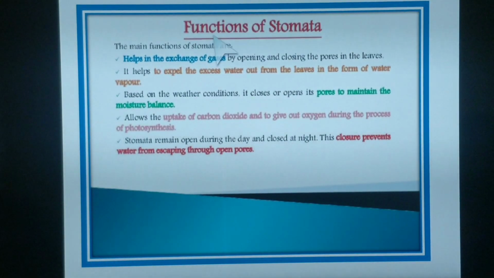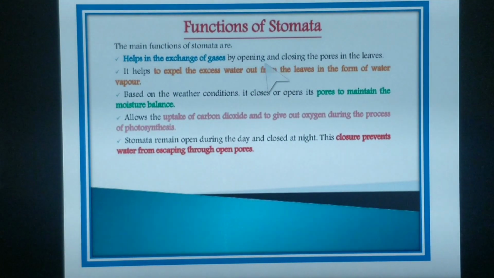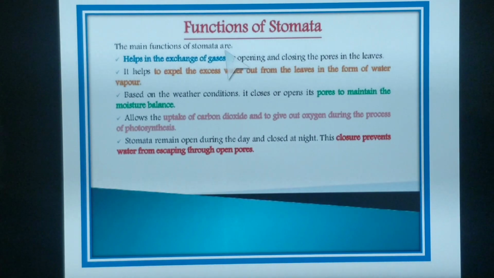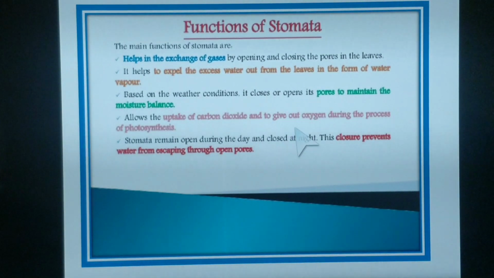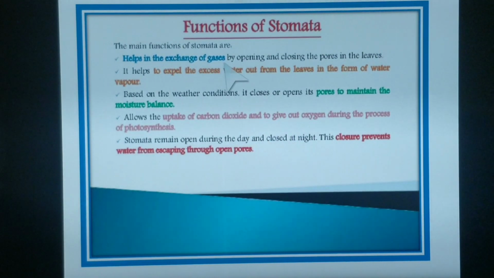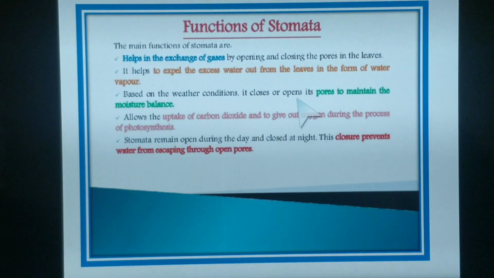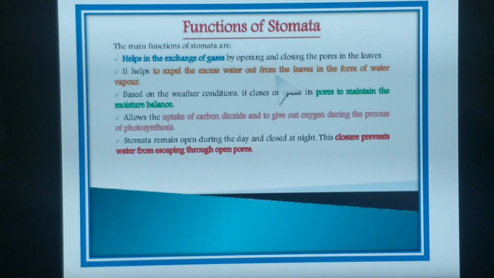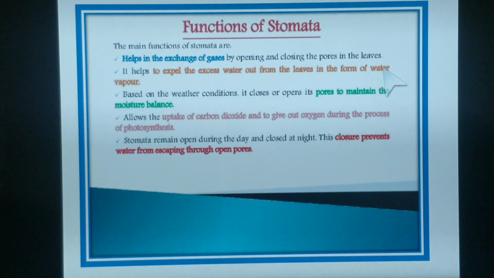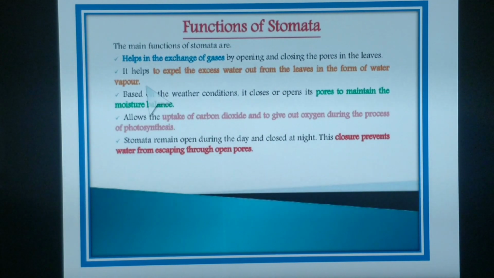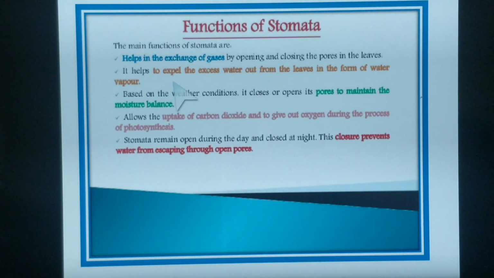Do you remember the functions of stomata? The main functions of stomata are: they help in the exchange of gases by opening and closing the pores in the leaves. They help to expel the excess water from the leaves in the form of water vapor, that means transpiration.